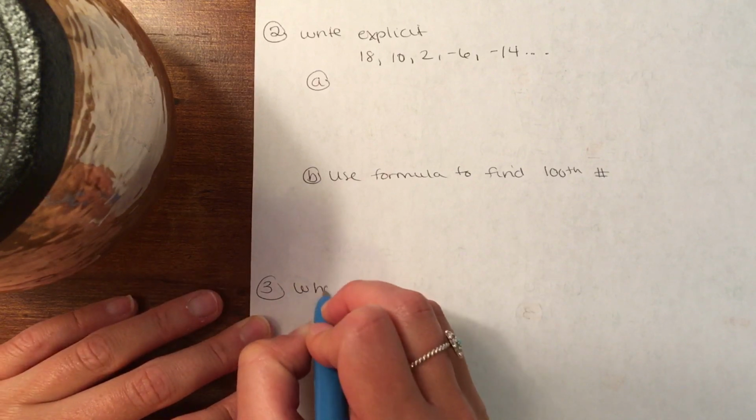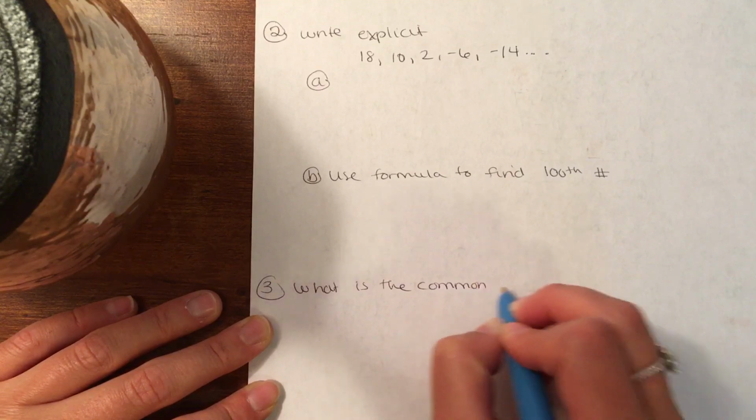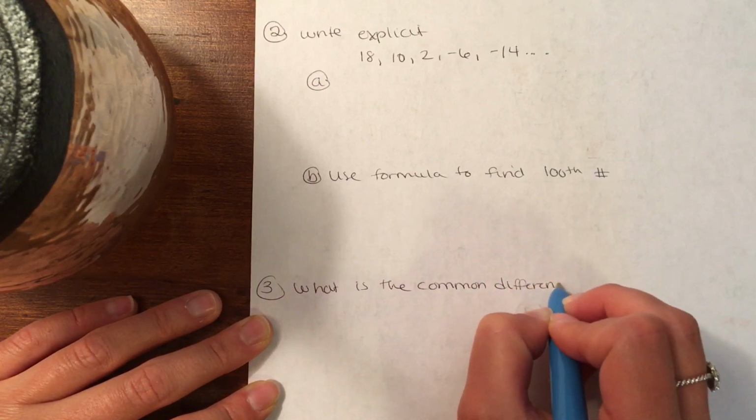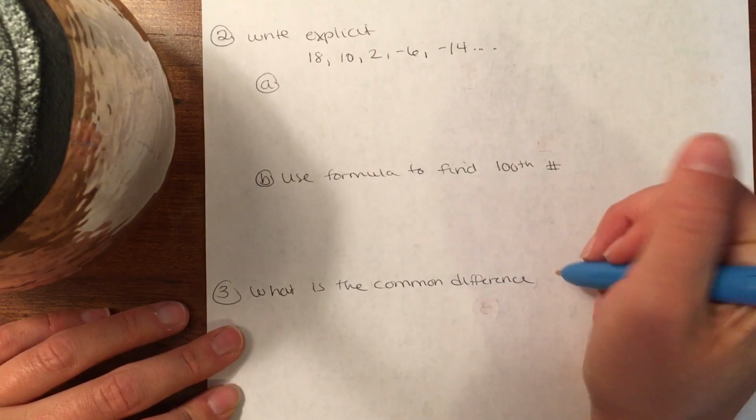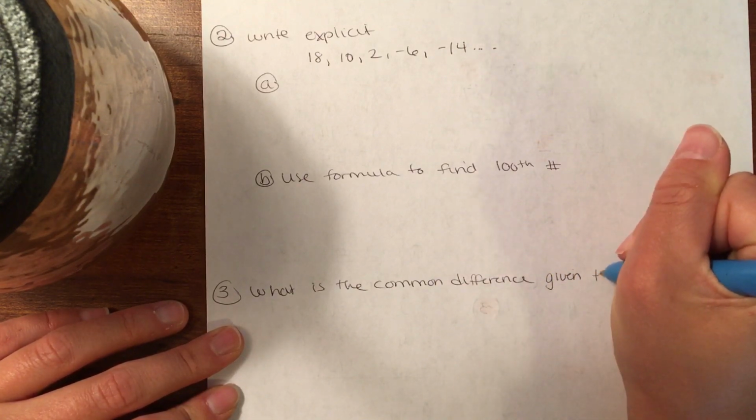What is the common difference given this explicit formula?